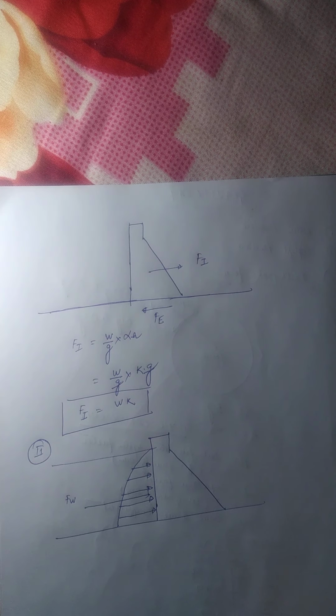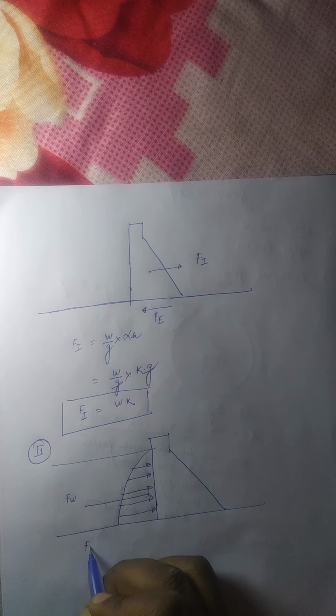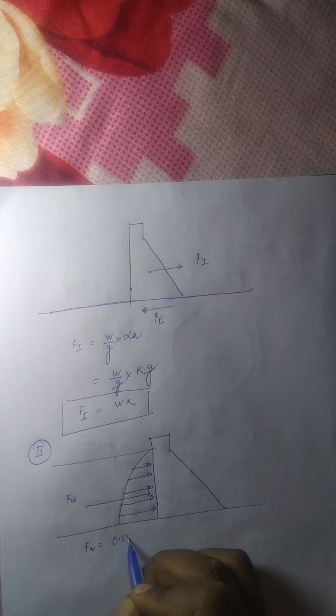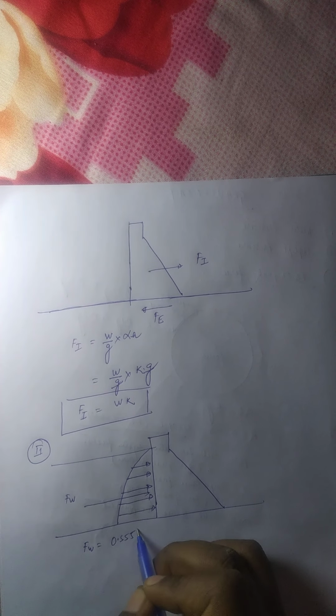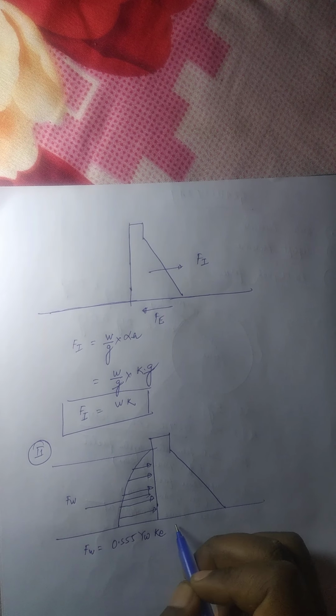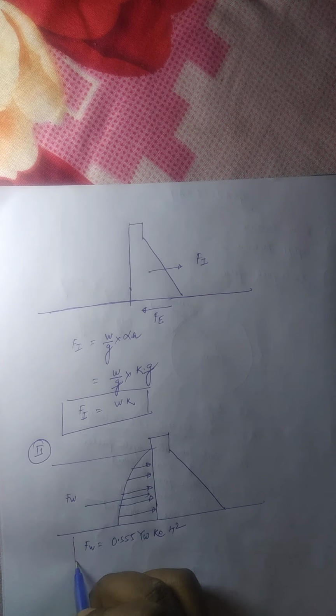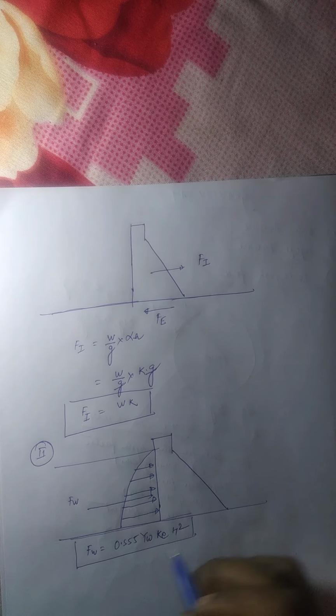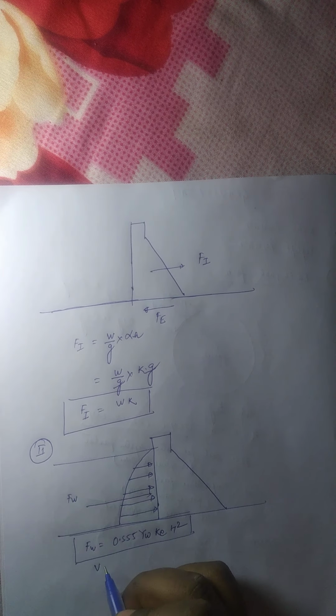Fw means what? The hydrodynamic pressure. The value of Fw is equal to 0.555 gamma W Ke h square. This formula was given by von Karman. That is why it is called the von Karman equation.